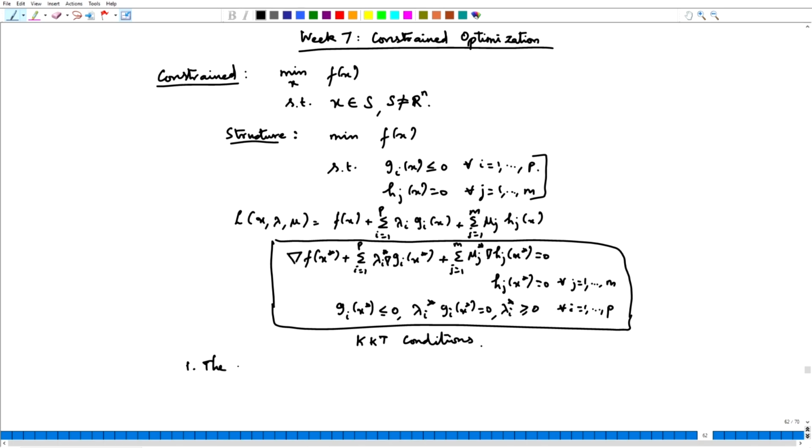One of the reasons is that the problem could be analytically intractable.